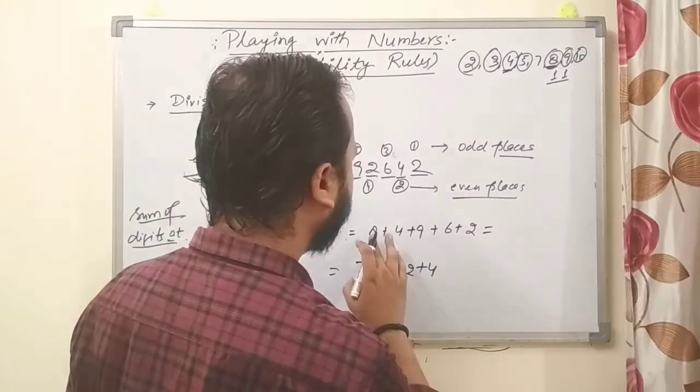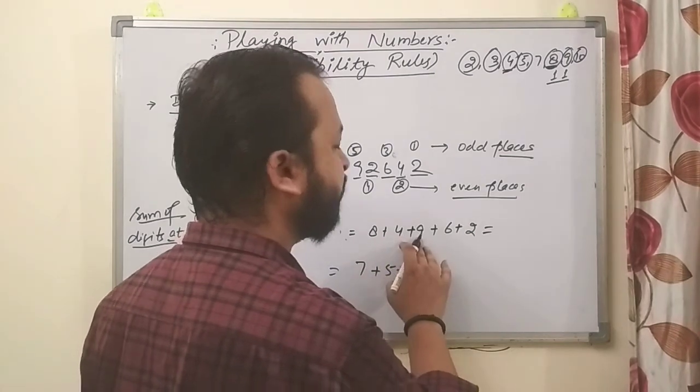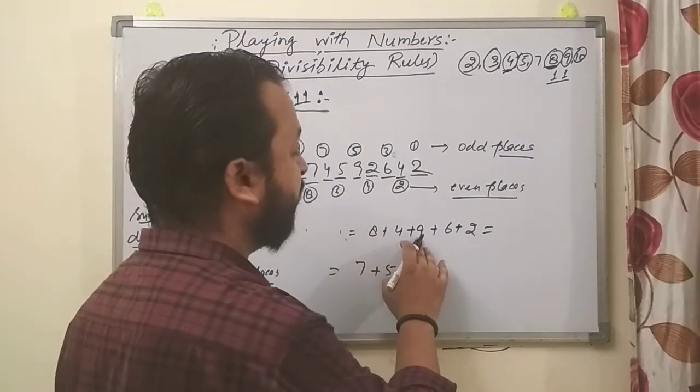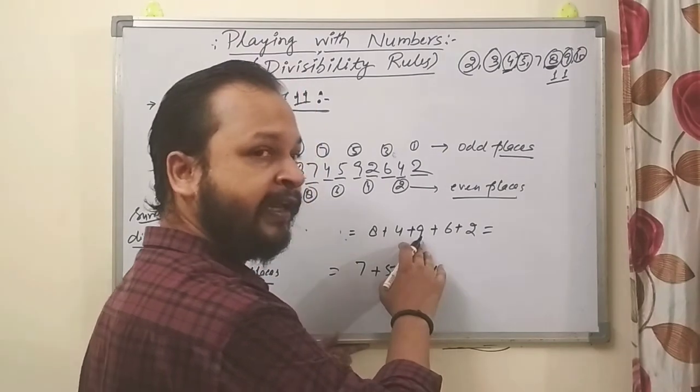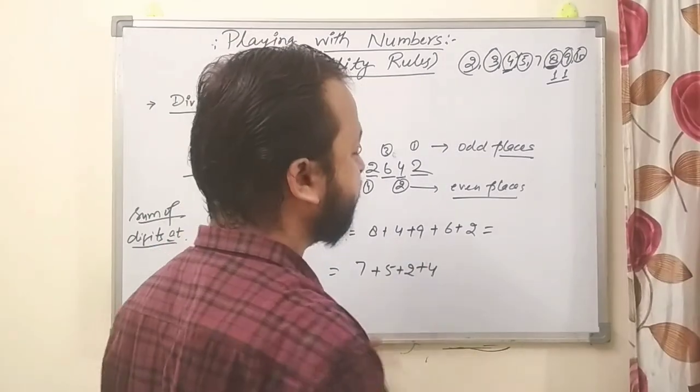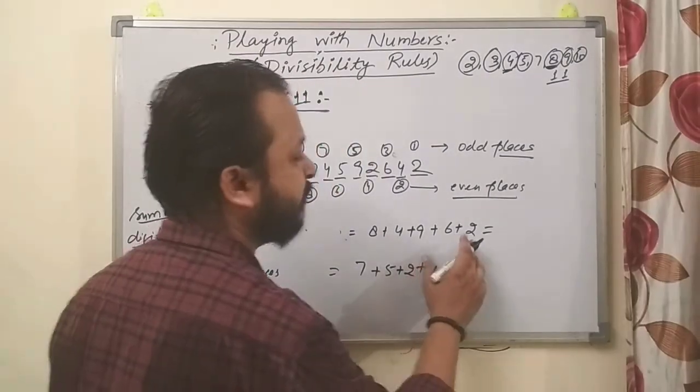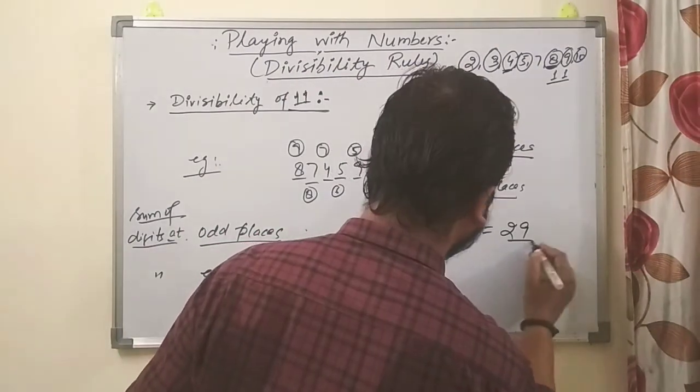So find the sum. 8 plus 4 is 12, 12 plus 9 is 21, 21 plus 6 is 27, 27 plus 2 is 29, right?